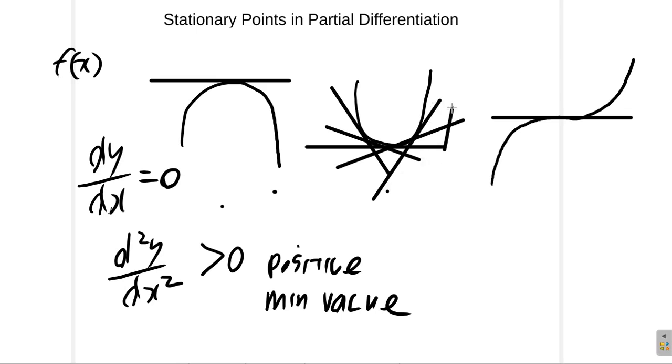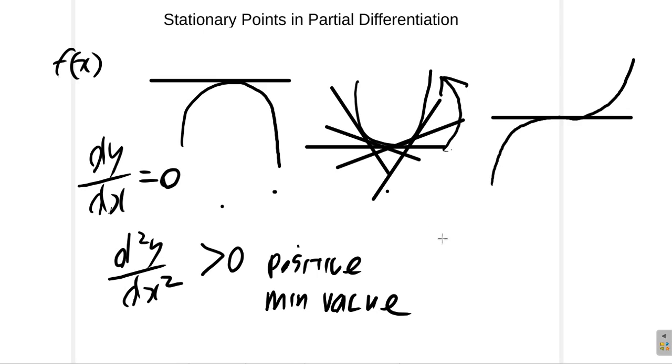You see it turning upwards. The tip of the line will be curving this way. So it's positive, and in this case, you had a minimum point.